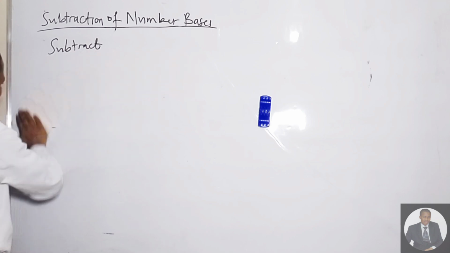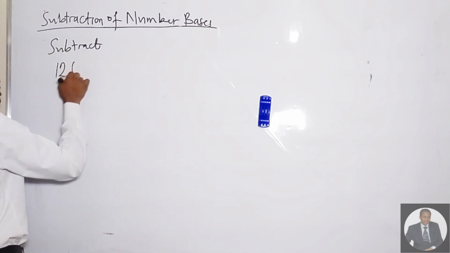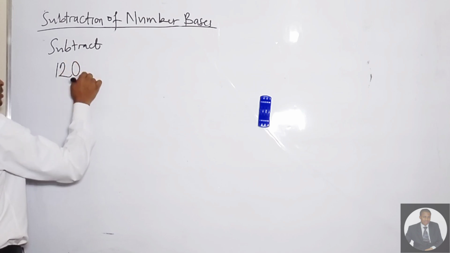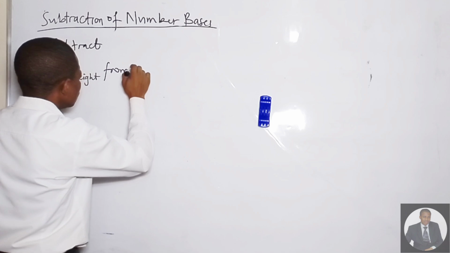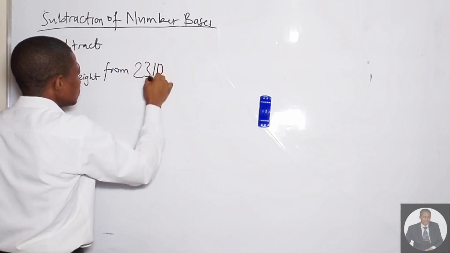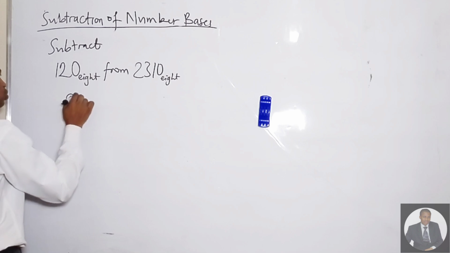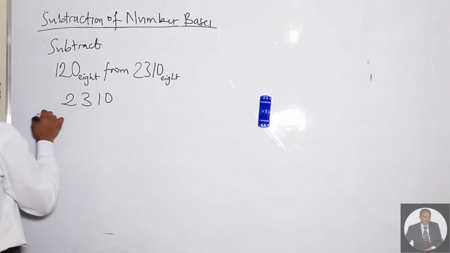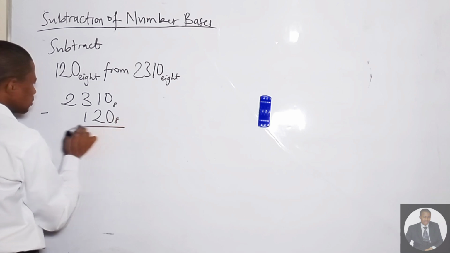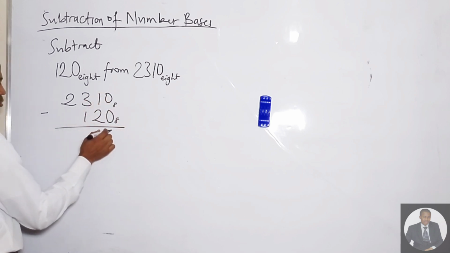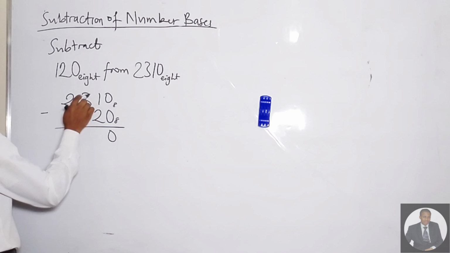Let's look at another question. Subtract 120 base 8 from 2310 base 8. So we have 2310 minus 120, all in base 8. 0, we remove 0, no problem. 1, we cannot take away 2 from 1, so we borrow 1 from here.